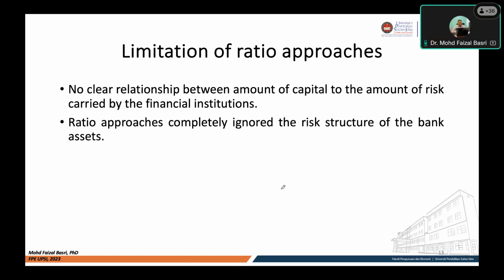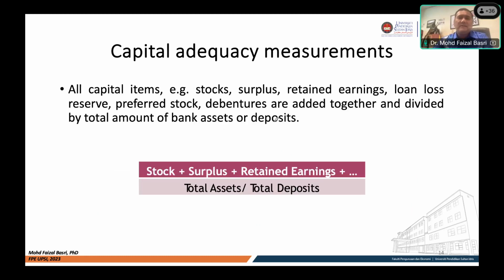Unlike the RWCR just now, which looks at risk structure, capital ratios usually ignore it. For example, one of the other ratio measurements looks at the equity: all the capital items, the stocks, the surplus, the retained earnings, the loan loss reserves, preferred stock, debentures.